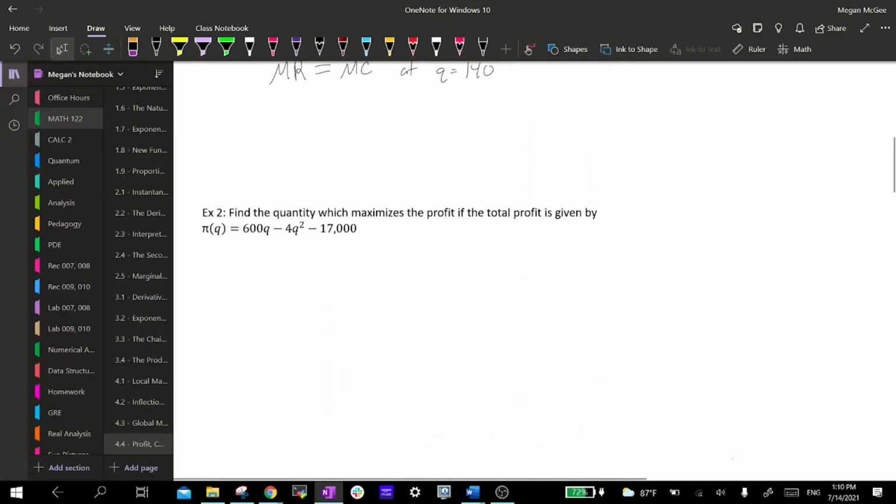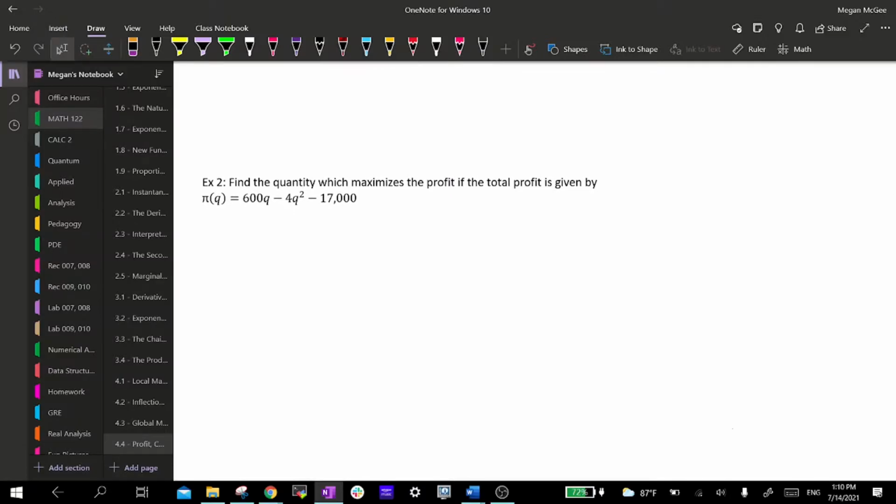So example 2 asks us to find the quantity which maximizes the profit if the total profit is given by this function here. We know how to find maximums and minimums. We must first take the derivative. So pi prime of Q is 600 minus 8Q.